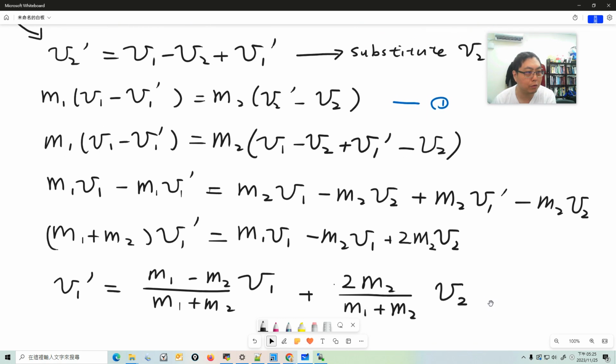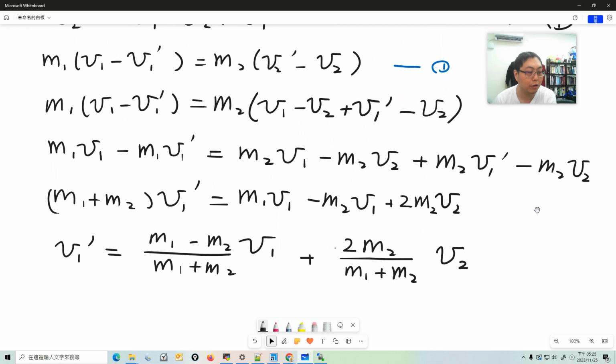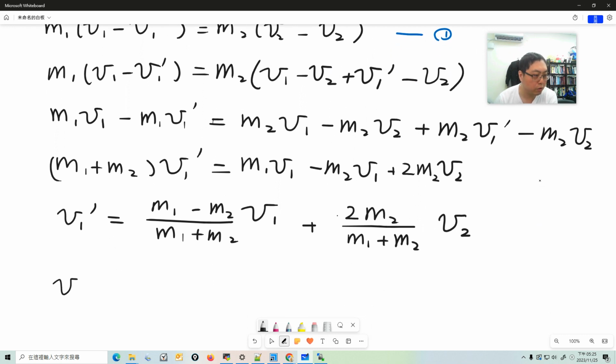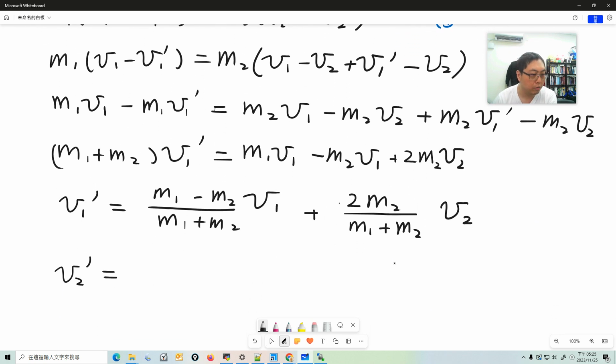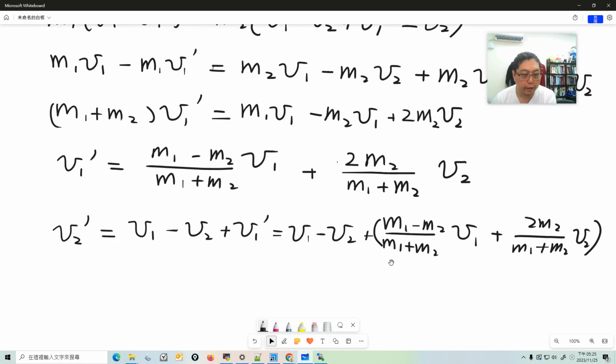So what's V2 prime? We can use the feature equation: V1 minus V2 plus V1 prime is equal to V2 prime. So V2 prime equals V1 minus V2 plus V1 prime, which is V1 minus V2 plus (M1 minus M2)/(M1 plus M2) times V1 plus 2 M2/(M1 plus M2) times V2.